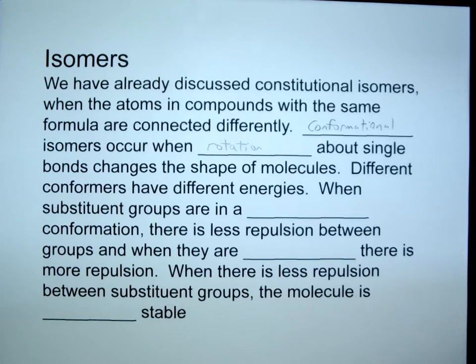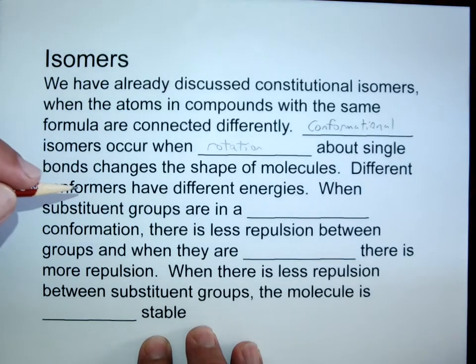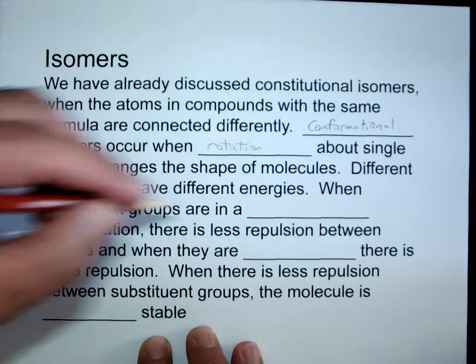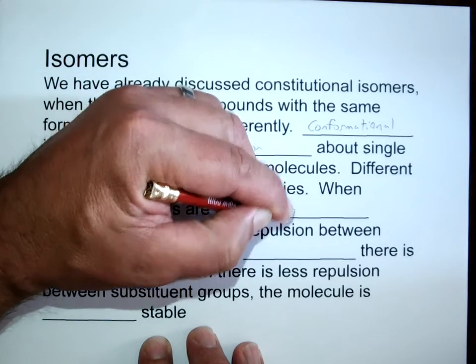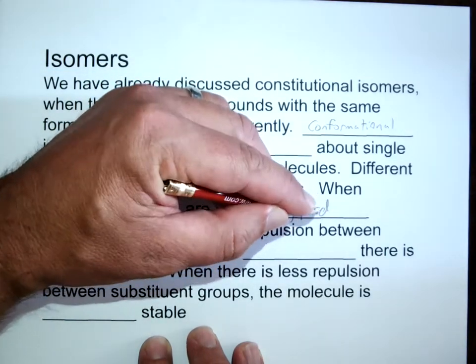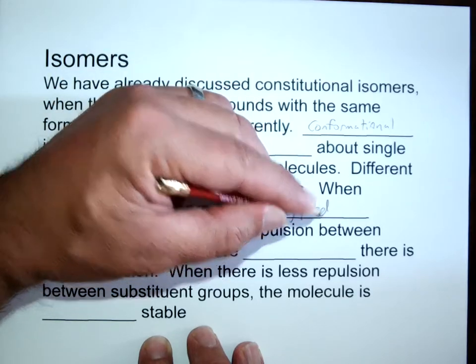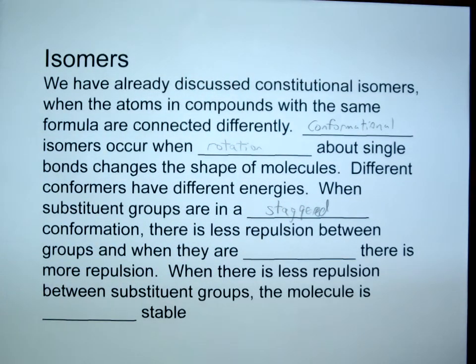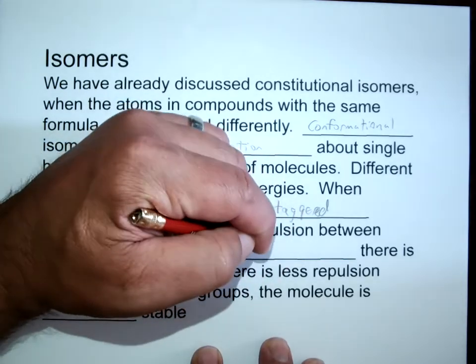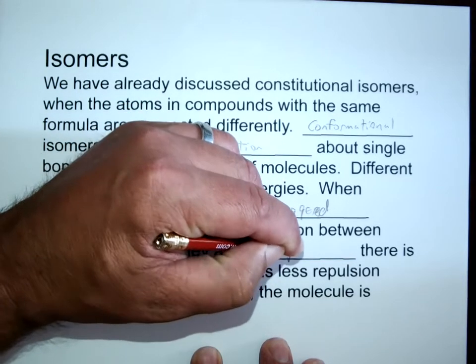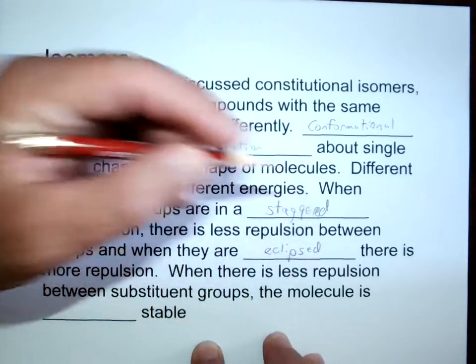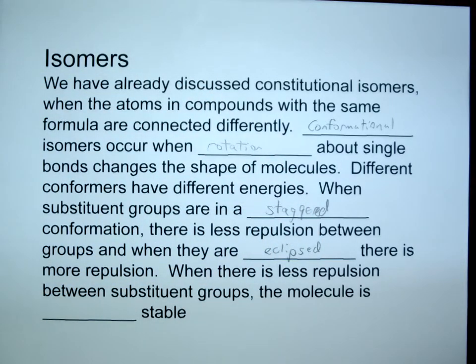Different conformational isomers, or conformers, which is short for conformational isomers, have different energies. When substituent groups are in a staggered configuration, there is less repulsion between groups because they're farther apart from each other, and when they are eclipsed, there is more repulsion because things are closer.